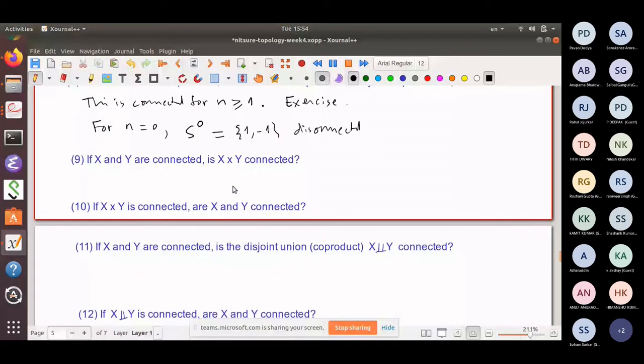So you have to remember that a product is never a standalone thing. A product always comes with 2 projections. These are continuous, these are surjections. So if this is connected, obviously these are connected. So this is the answer to 10.